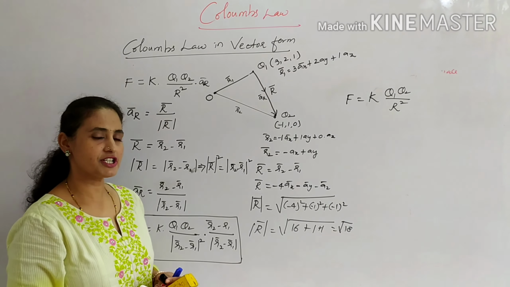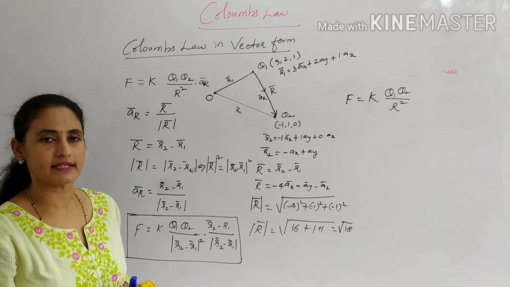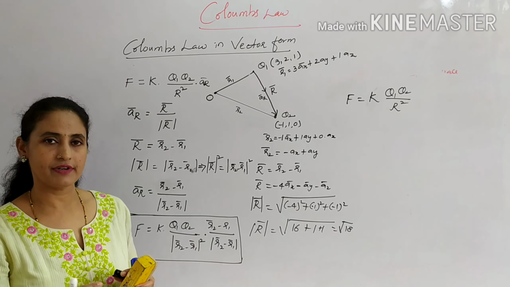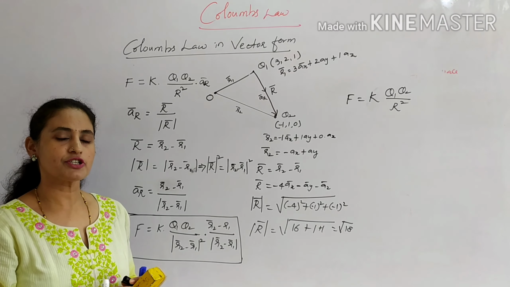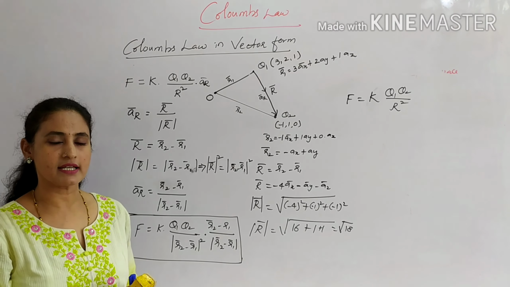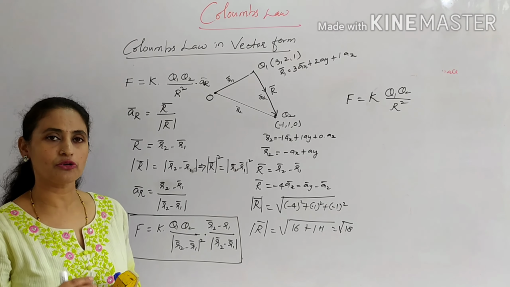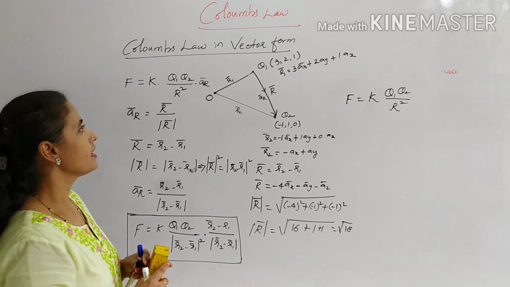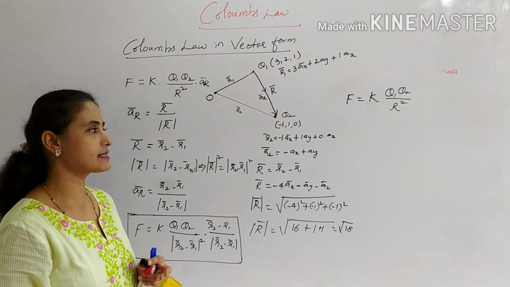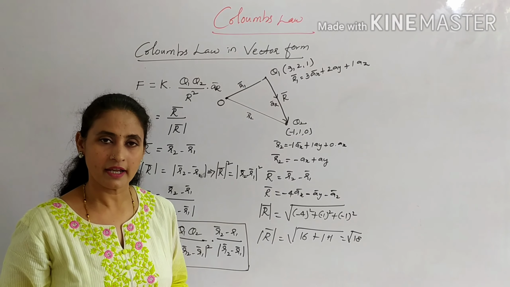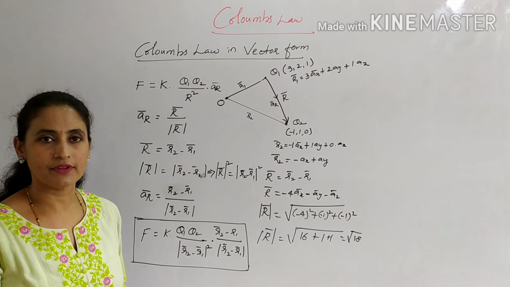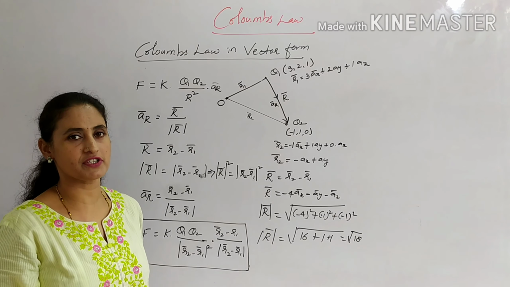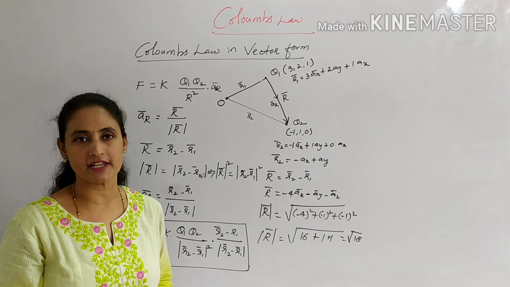Now our question is whether the force is exerted between only two charges or any group of charges. Now we will consider three charges which exert force on the third charge. How do we derive the force among all the three charges? Now, force due to multiple charges. Let us derive the equation of force on a charge Q because of a number of charges, say three or four charges.